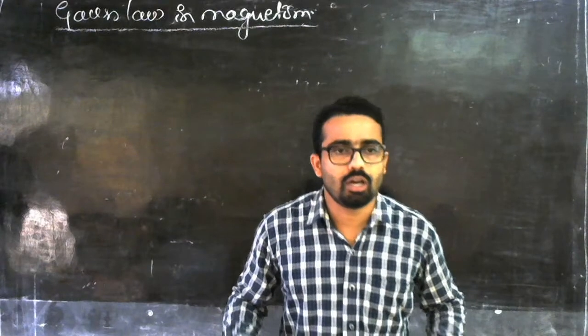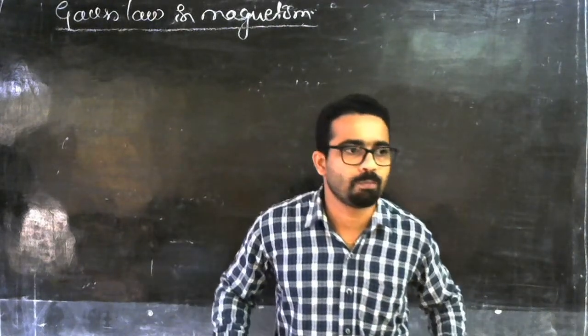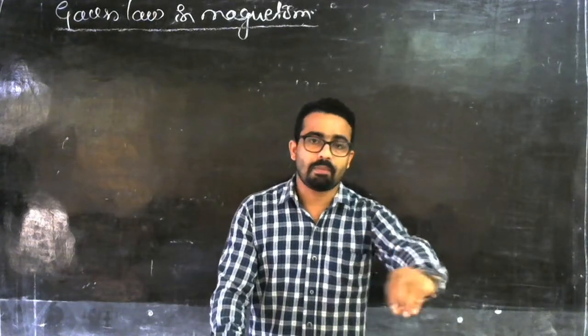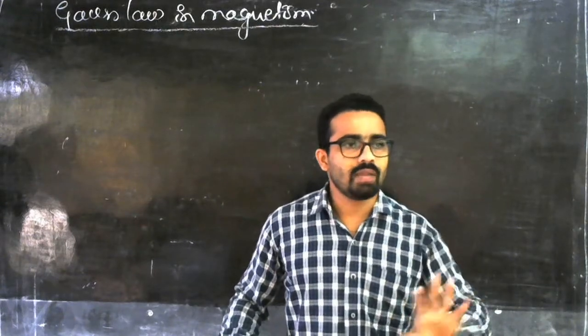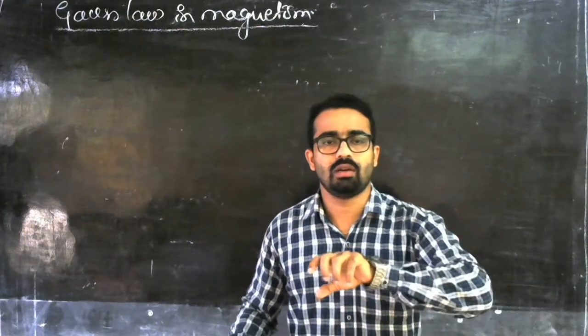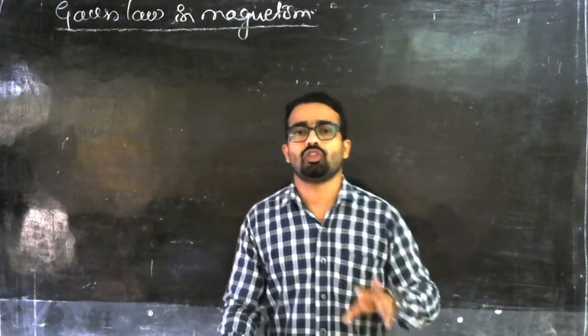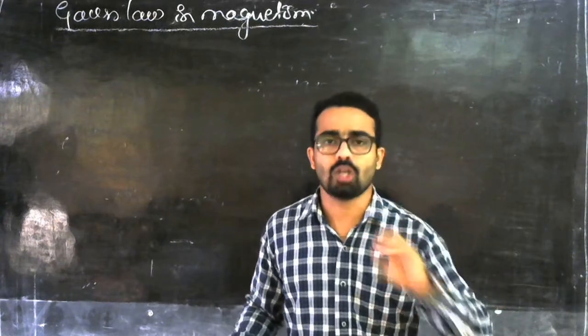Before getting into Gauss law, we should have some knowledge. We already learned some properties of magnetism. We know the direction of magnetic field lines is from north to south for a magnet, and they form a closed loop.